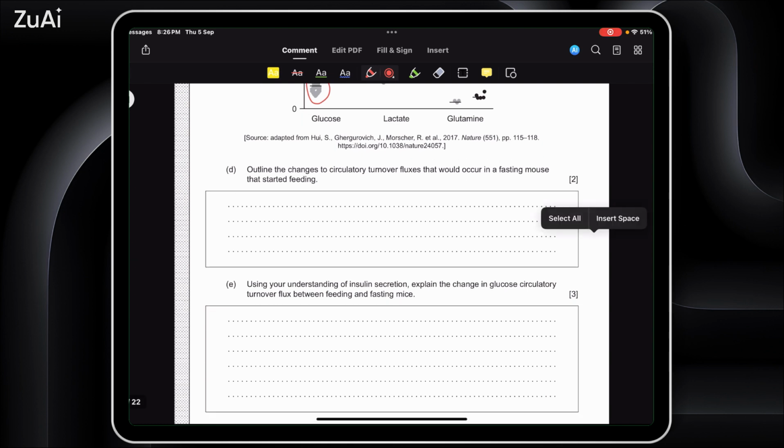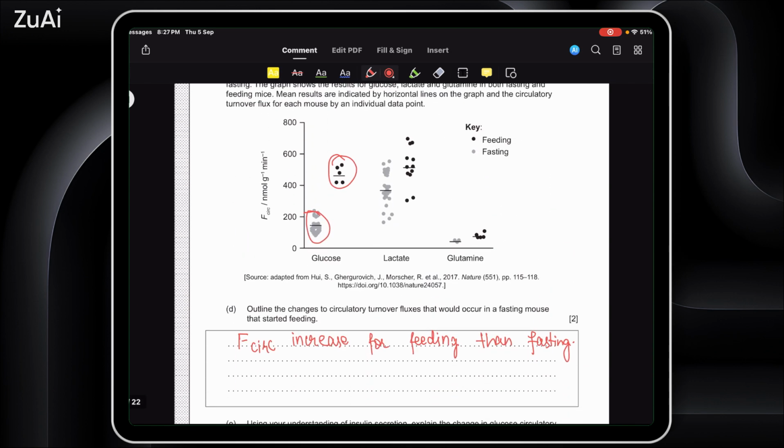So the first point we can say is that flux would increase for feeding compared to fasting. That's the one thing we should know.